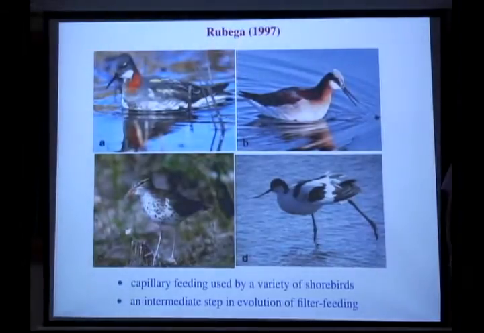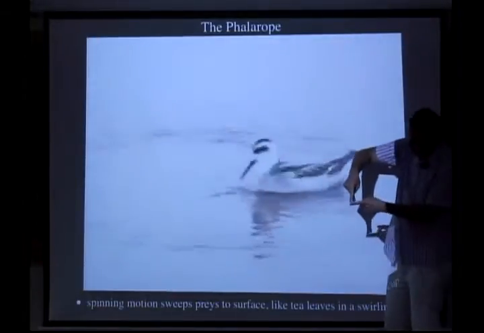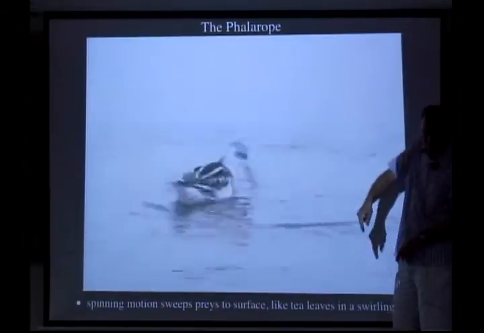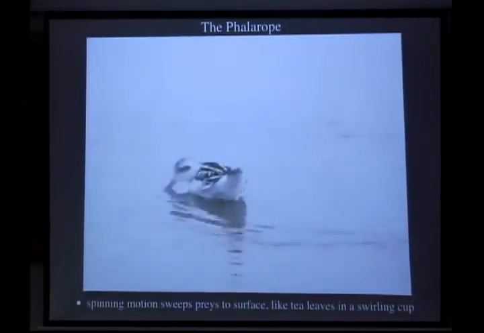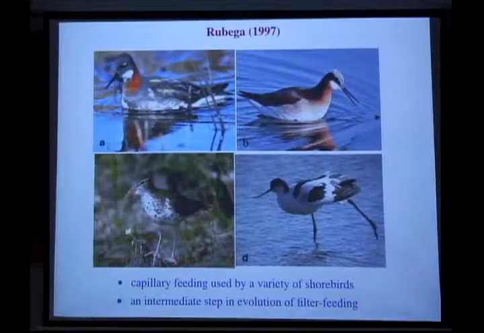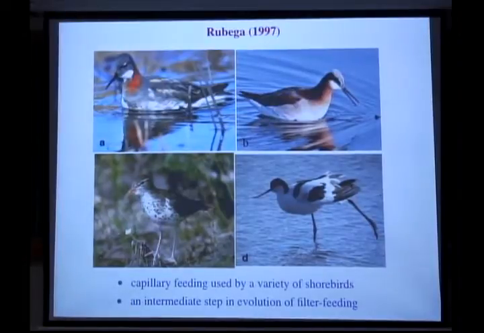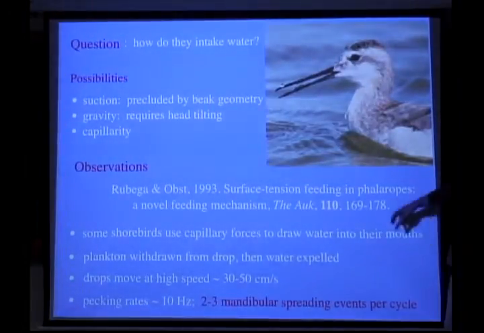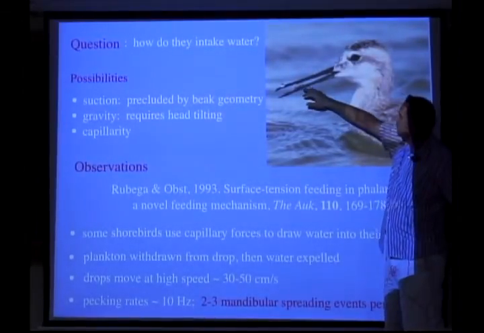And it's probably worth seeing this again, but it's basically capturing a drop in its beak and then moving the drop up by doing this. And this is used by a lot of creatures that live in shore areas, and they have long, thin beaks. So what's actually going on? Here you can see the drop with its prey suspended in it.